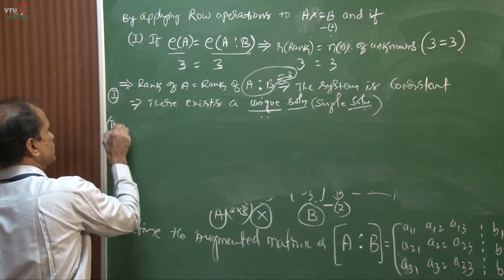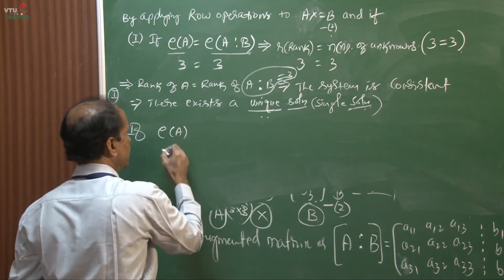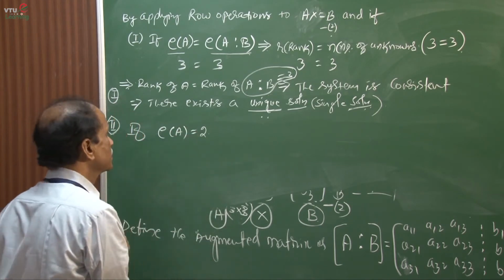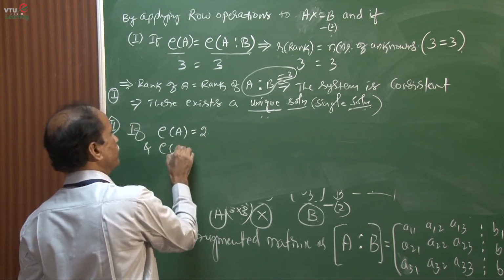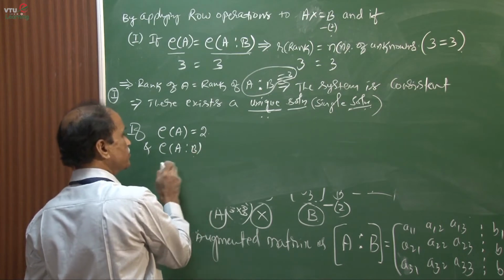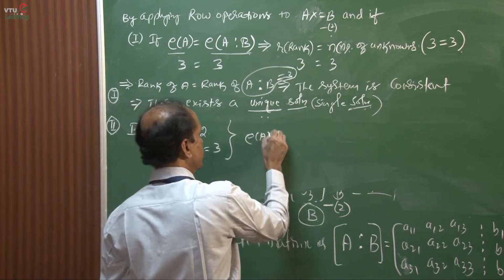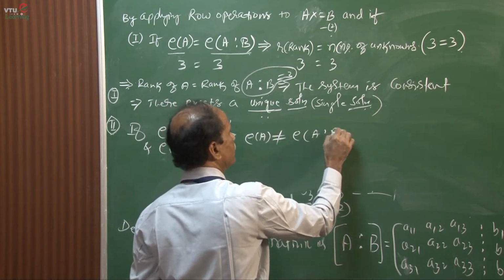Now the second discussion. If rho of A is equal to 2, and rho of AB, that means rank of AB is equal to 3, then rho of A is not equal to rho of AB.